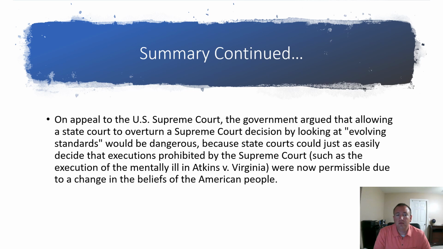Well, we could do it now because the American people's beliefs changed. So the argument of the government in this case is that overturning a decision like that should not be left up to a state Supreme Court. They should not be able to overturn the federal decision of the U.S. Supreme Court.